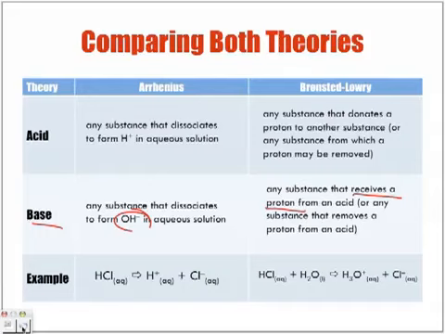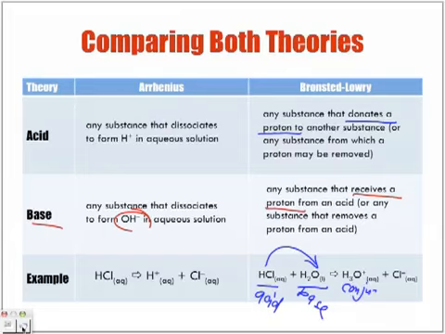Which one of these two is going to give up the proton? The one that donates a proton is the acid. The other one has to pick up the proton, so it is the base, which will ultimately form the conjugate acid and the conjugate base. Please don't do the short form like I did right here on a test or quiz.